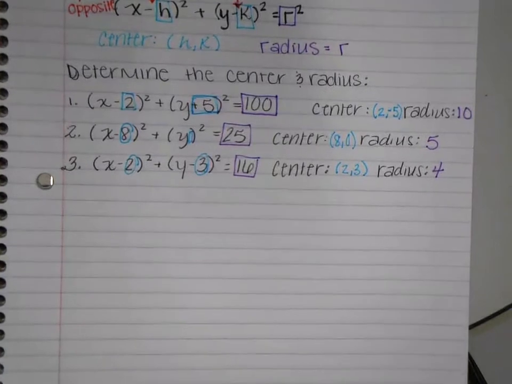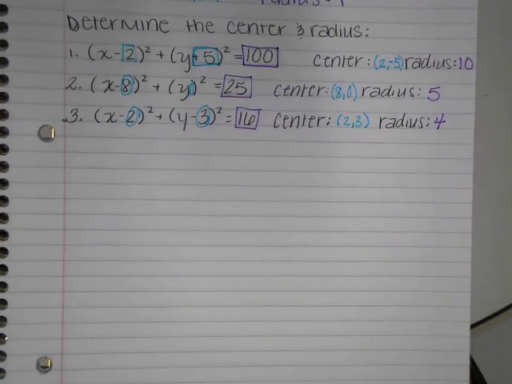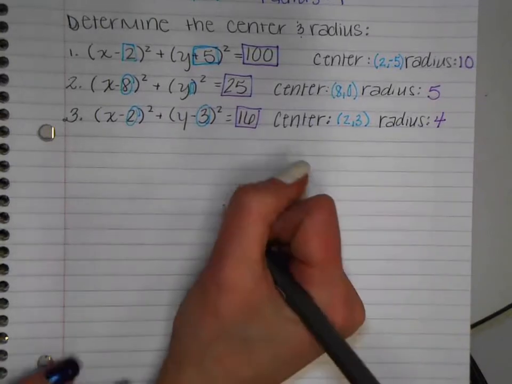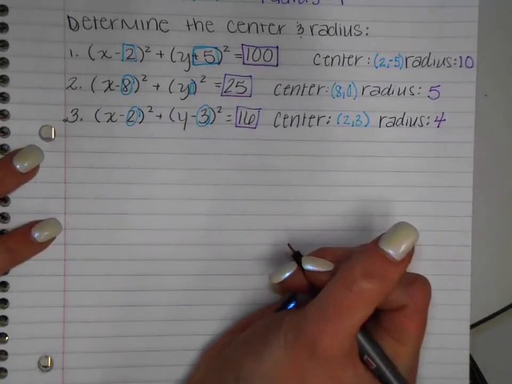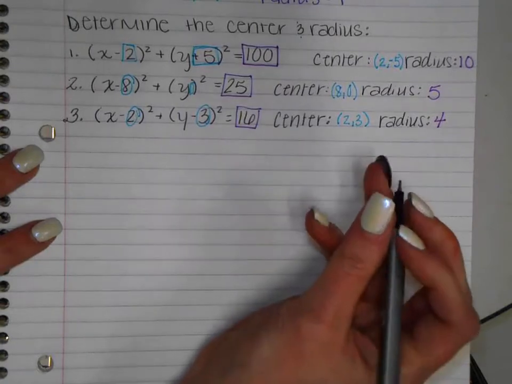And so we're going to need to remember how to factor by completing the square. It is going to take you probably a little bit of practice remembering, and so you might have to watch this video a few times. You might even have to go back to Miss Simon's YouTube channel.